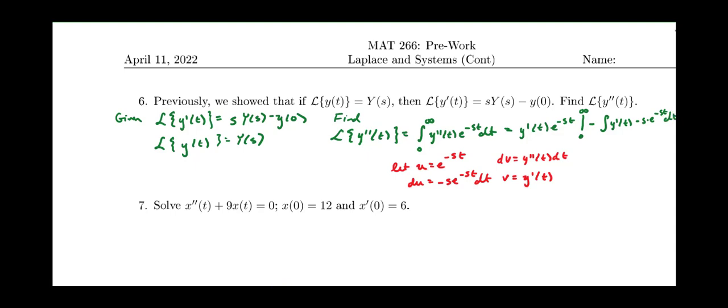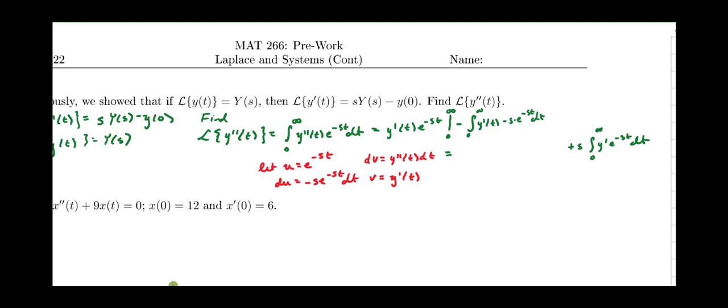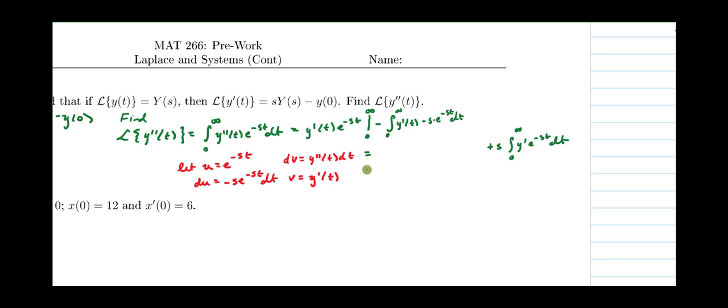If we clean that up, we have this limit that we'll take care of in just a minute. What I want to point out right here is that this is going to give me a plus s integral from 0 to infinity of y prime e to the minus st dt, but we already know this is just the Laplace transform of y prime, and we know that the Laplace transform of y prime is this expression right here. So we'll have that in just a minute.